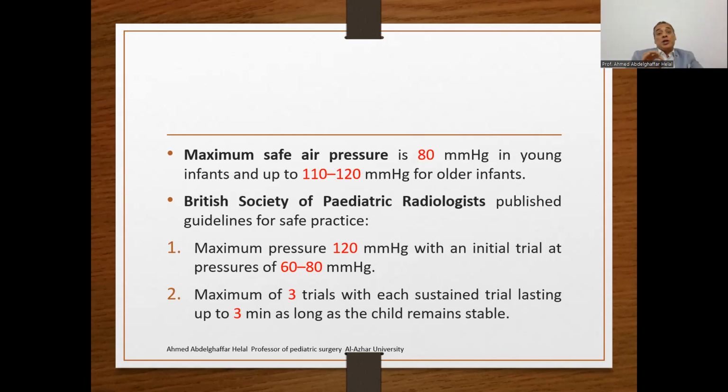The British Society of Paediatric Radiologists in 2003 published guidelines for safe practice of air reduction: the maximum pressure is 120, with an initial trial at pressures of 60 to 80, a maximum of 3 trials with each sustained trial lasting up to 3 minutes, as long as the child remains stable. If the child's condition deteriorates or becomes unstable, you must stop the procedure and the injection.